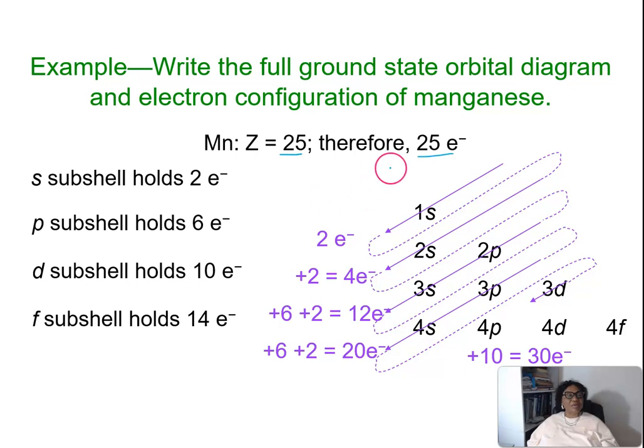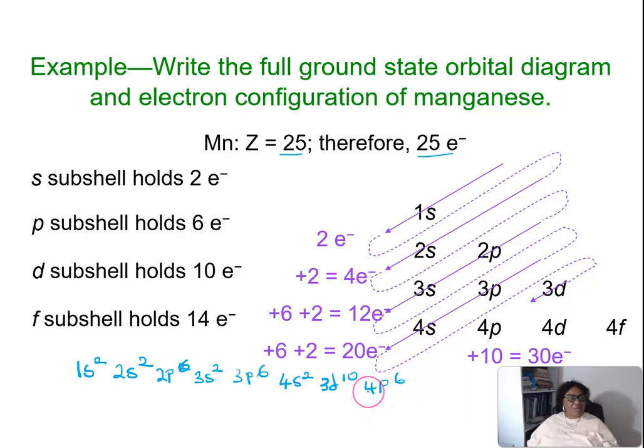So we start with s: 1s2, then 2s2, then 2p6, then 3s2, then 3p6, then 4s2, then 3d, 10, then 4p, 6. So we need to get 25 electrons.